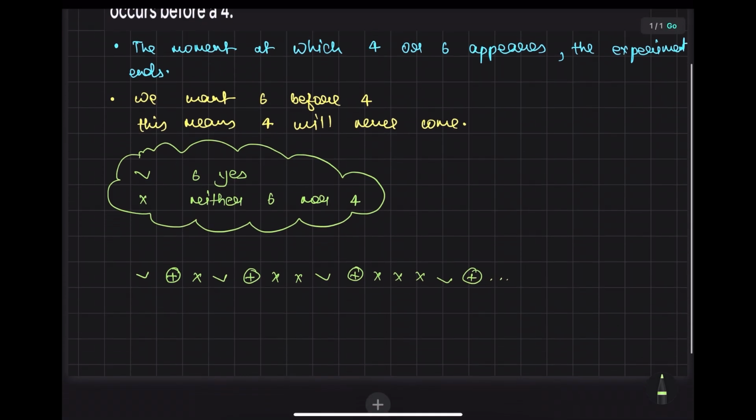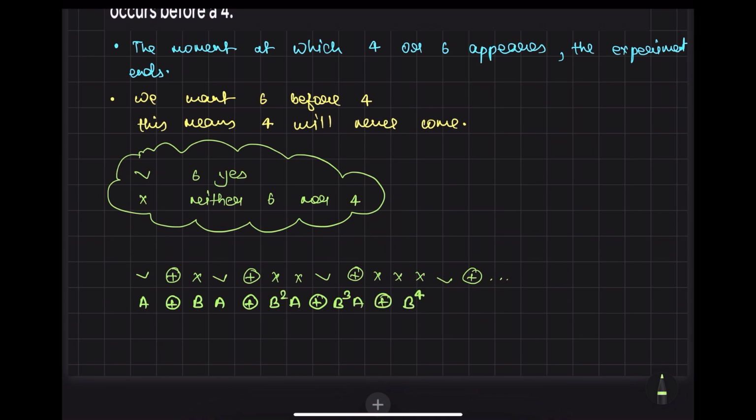Now you can write this as A plus BA plus B square A plus B cube A plus B power 4 A plus dot dot dot. Here A stands for yes, B stands for no.